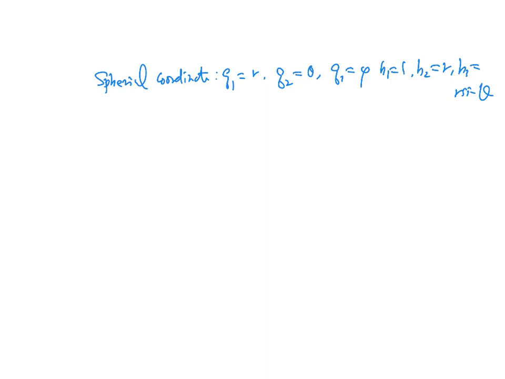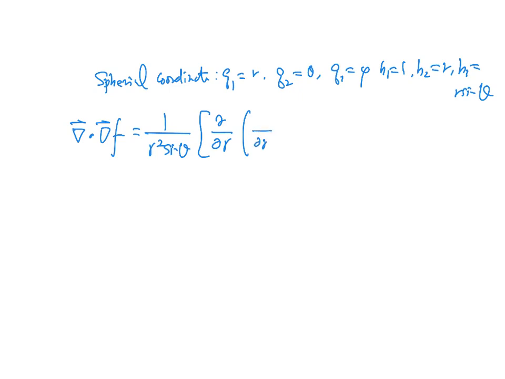Divergence of gradient of F is 1 over H1, H2, H3, R square sine theta, partial R partial, 1 over H1 is 1, right?